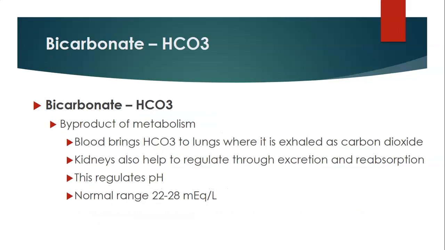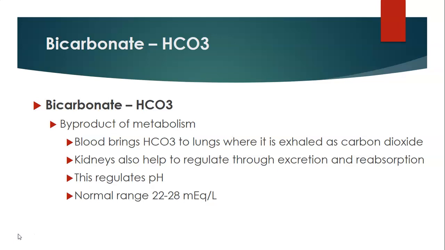Another part of blood that I want you to be aware of is bicarbonate. We call it HCO3. I call it bicarb because I can't say HCO3 faster than I can say bicarb. So bicarb is a byproduct of metabolism.